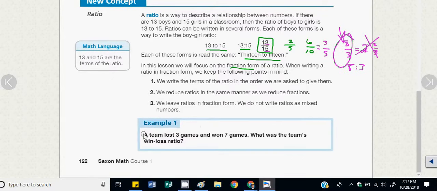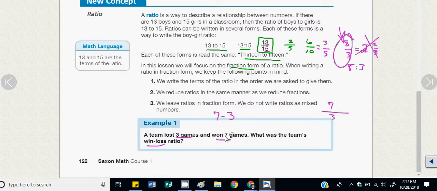Example 1 says, a team lost 3 games, won 7. What's the team's win-loss ratio? On TV, you'll normally see that listed like that. But how do we write fraction ratios according to our lesson? It's a fraction, 7 to 3. They said win-loss, so win goes first, so it's on top.